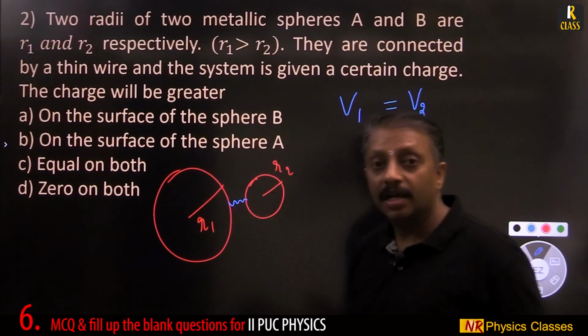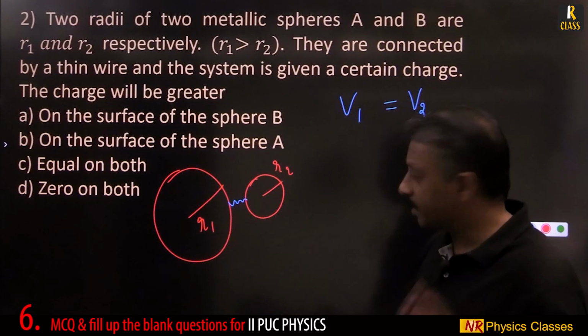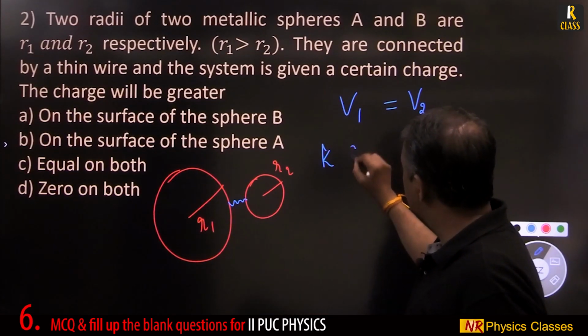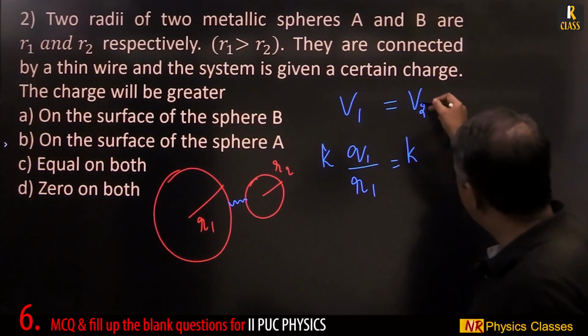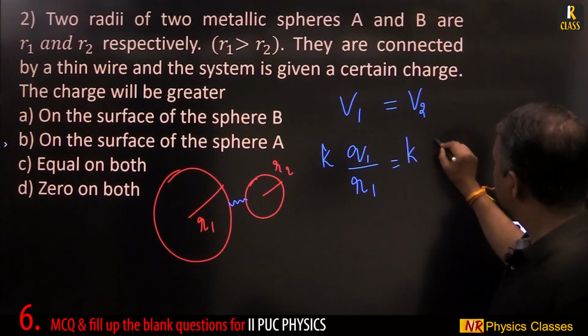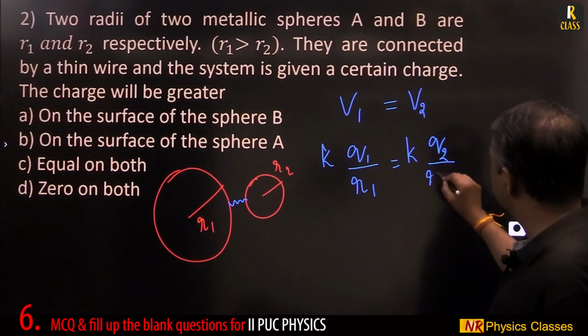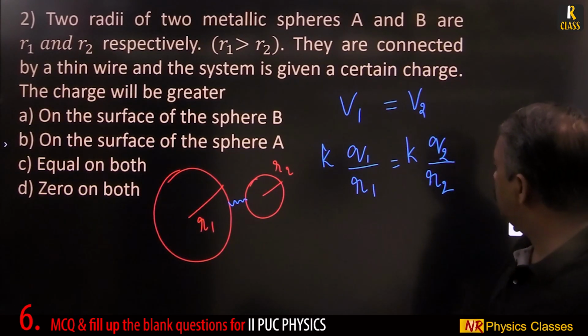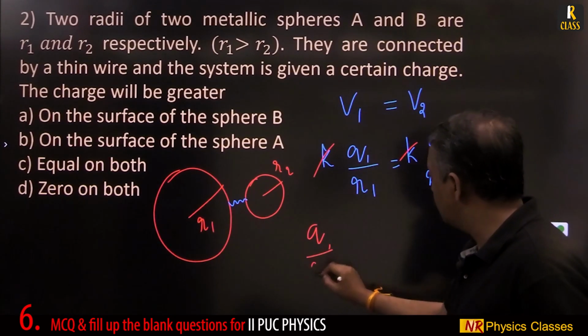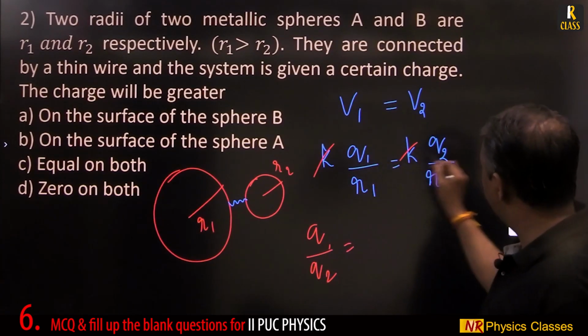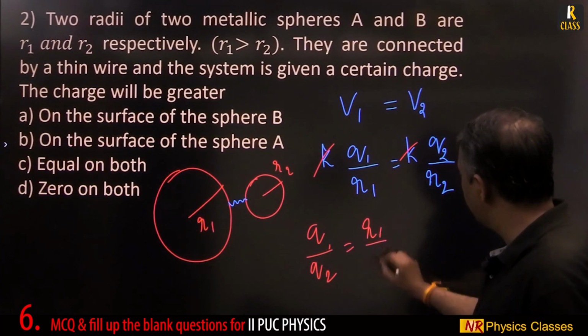Potential due to a charged spherical conductor is constant times charge by radius. V2, the potential on this, is constant times charge by radius. Now the constant cancels. Q1 by R1 equals Q2 by R2.